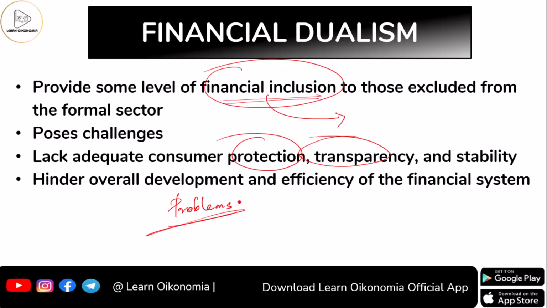So it should be the role and responsibility of the government to ensure that there exist no problems for the people who are in the informal financial setup. Otherwise, these people would be suffering exploitation from crooked money lenders who are every time looking to reap profit even at the cost of the lives of others.